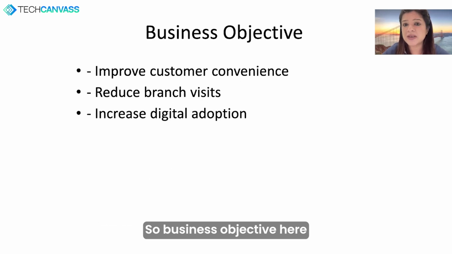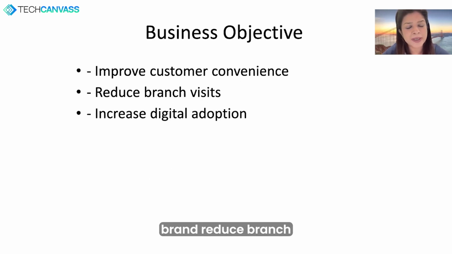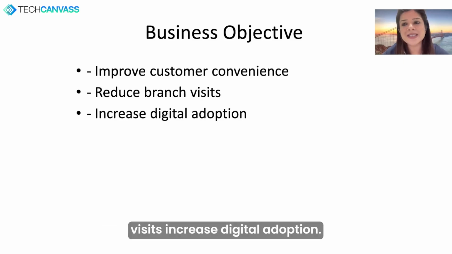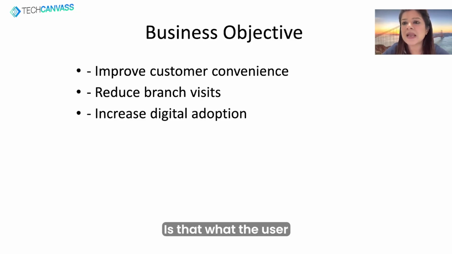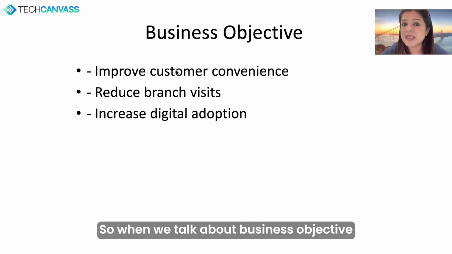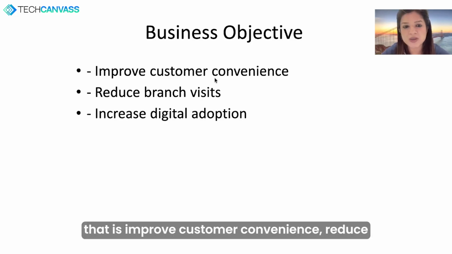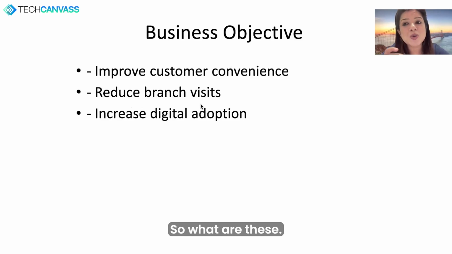So the business objective here was to improve customer convenience, reduce branch visits, increase digital adoption. So with the help of these business objectives, what is the user trying to achieve? When we talk about business objectives, that is improve customer convenience, reduce branch visits, increase digital adoption. So what are these?